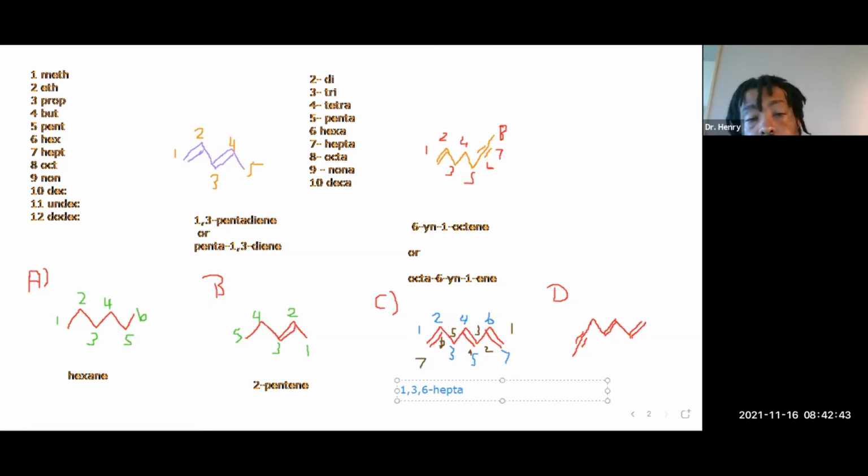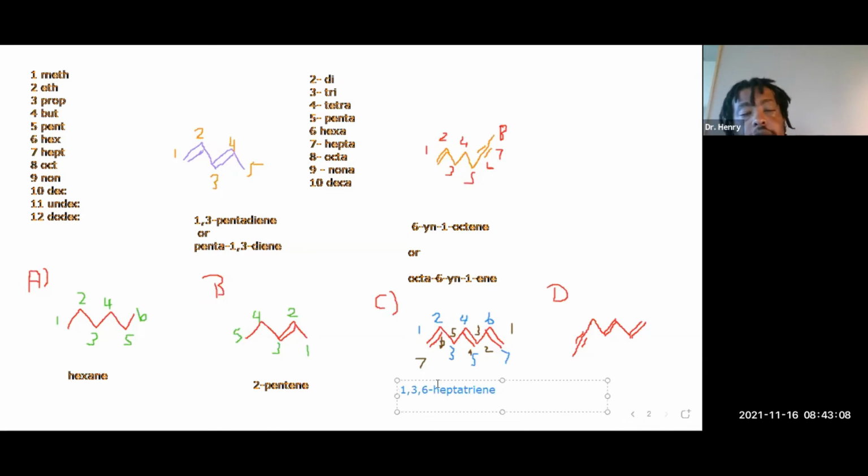Okay, so there's 3 double bonds. So what prefix would I use to represent that 3? That's right, tri. So we put hepta, tri, and then it's a double bond, so it'd be E, N, E.